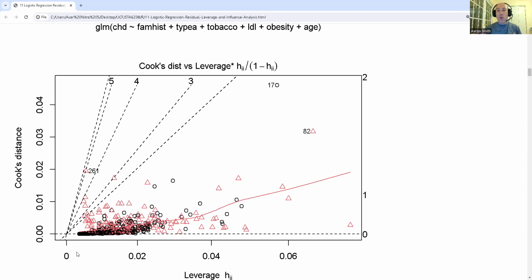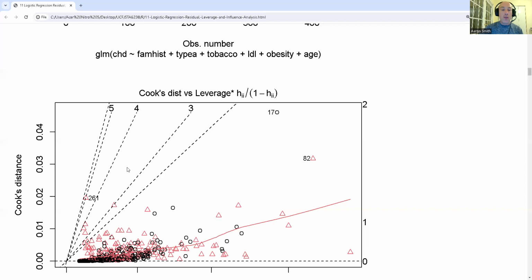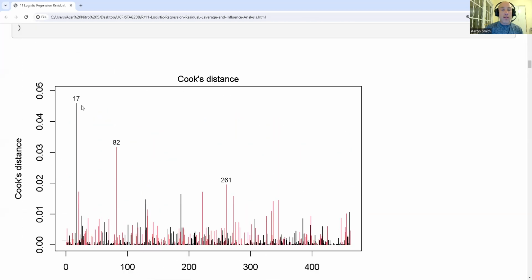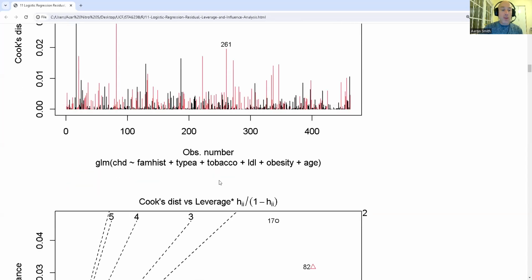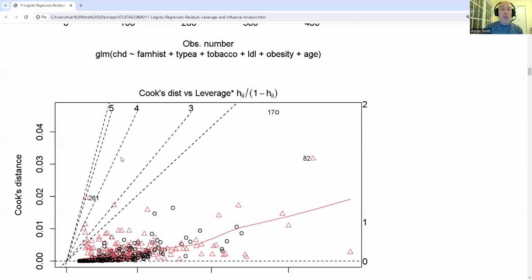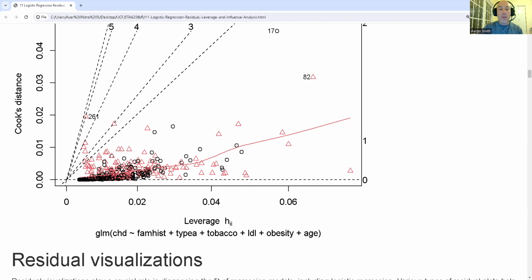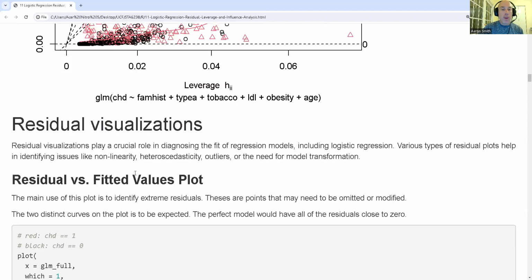I feel like these two are the most important ones to look at for this purpose. And you'll notice I've got 1782 and 261 once again. This is an indication that maybe I want to consider those. Those have large Cook's distance, and this plot involves Cook's distance, so it's not really surprising that they're coming up again.